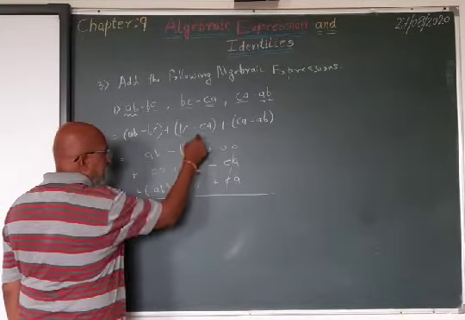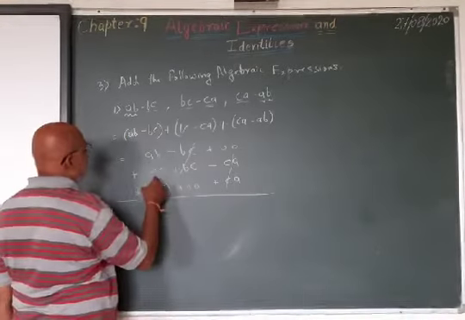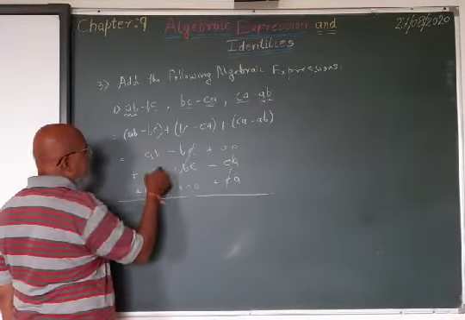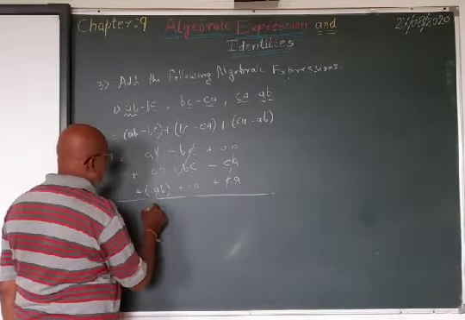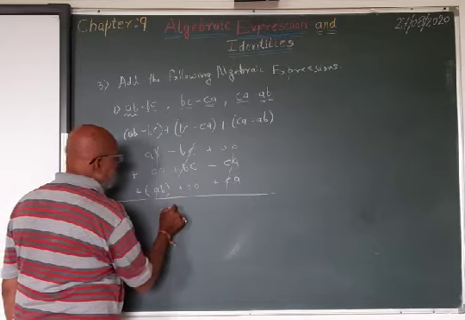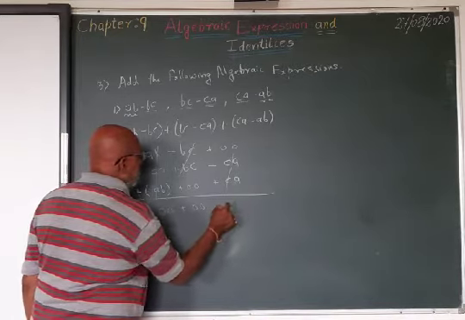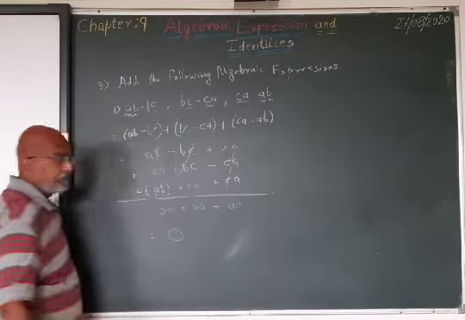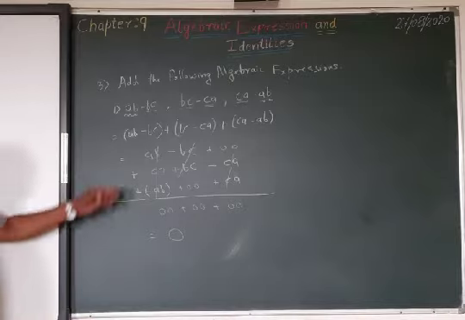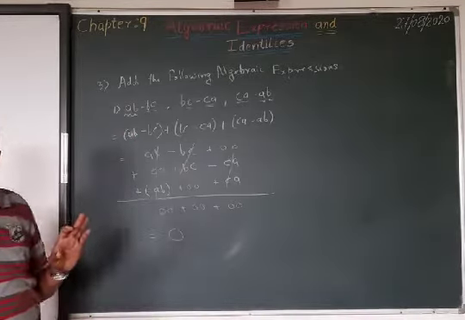Minus BC plus BC again gets cancelled. AB minus AB again, opposite terms get cancelled. So we get 0 plus 0 plus 0 equal to 0. So the sum of these three algebraic expressions is 0.